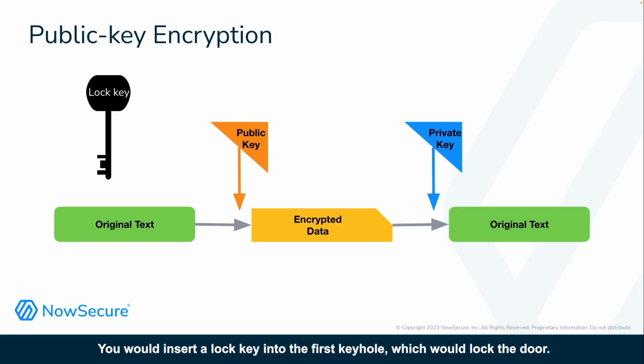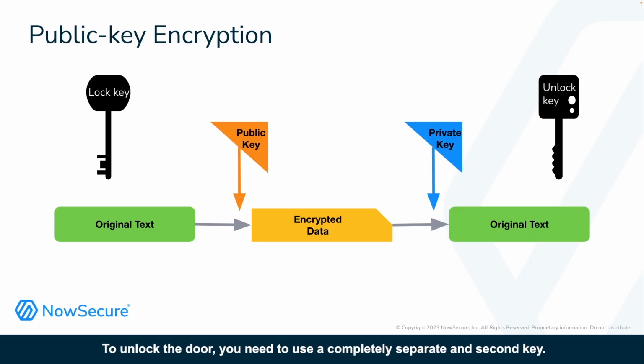You would insert a lock key into the first keyhole, which would lock the door. You cannot use that same public key to unlock it, though. That first key and keyhole can only lock the door. To unlock the door, you need to use a completely separate and second key. You must insert this separate key into a second keyhole to unlock the door.